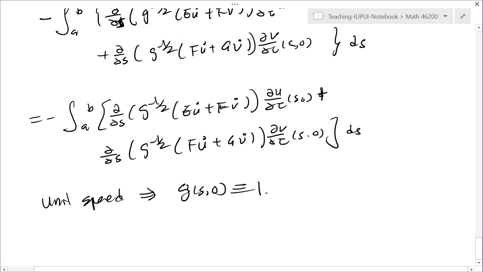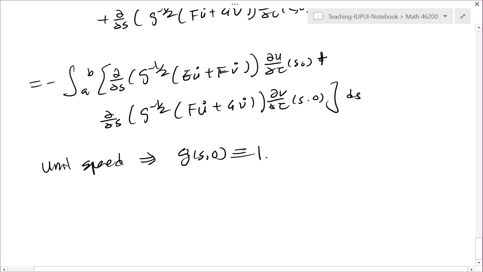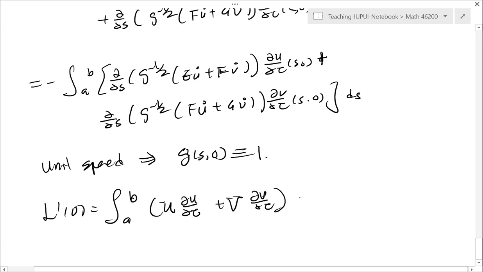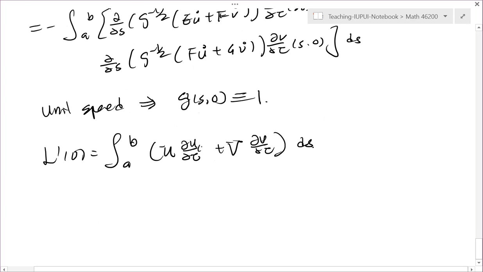Okay, so put everything into the formula for the derivative. We got the integral from a to b, and the capital U and the capital V here.